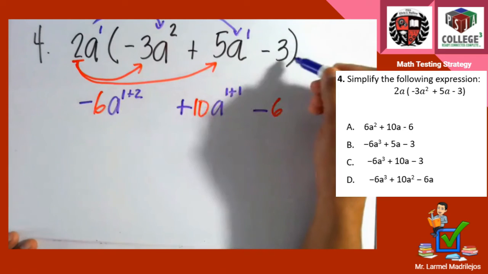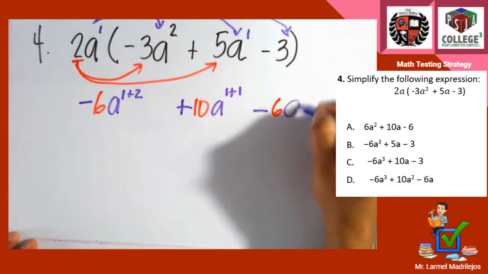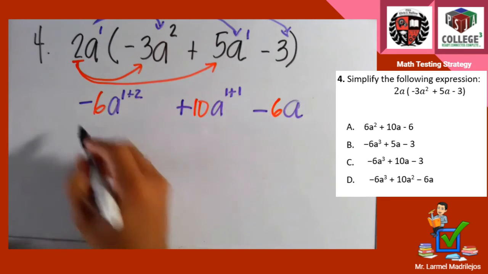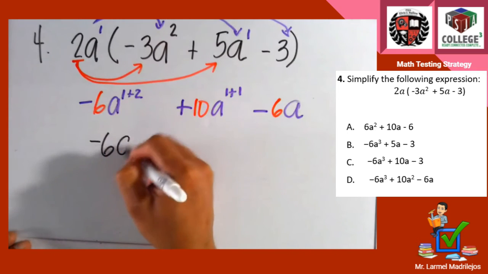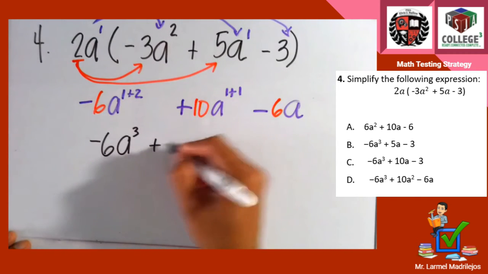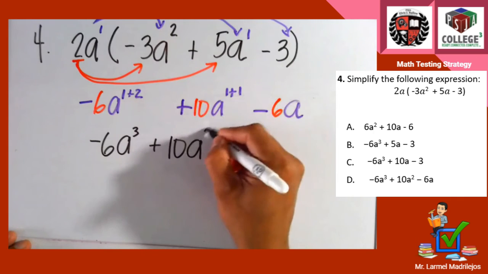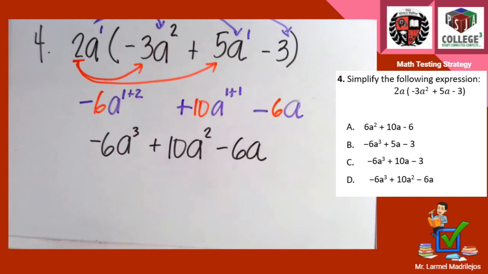And I don't have any a here, so I'm just going to write a. Okay, let's finalize the answer here. So this is negative 6a, 1 plus 2 is a raised to 3. Then 10, 1 plus 1, that's a raised to 2, minus 6a. So the answer is letter D.